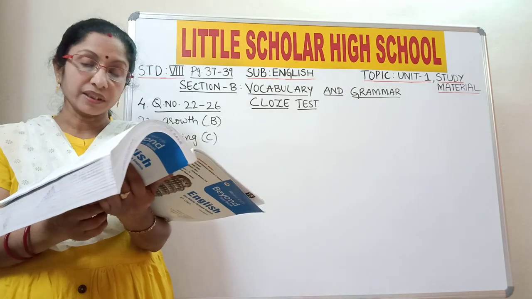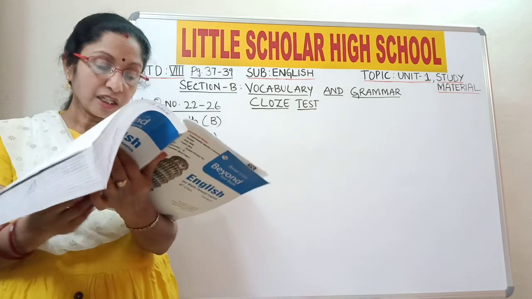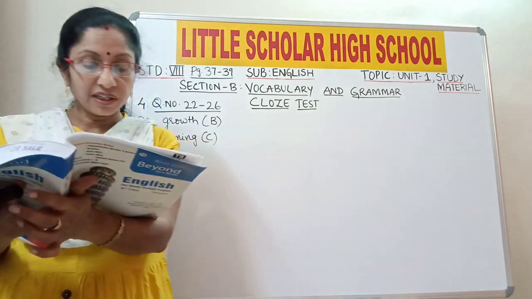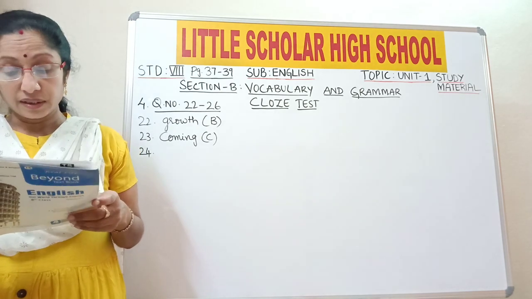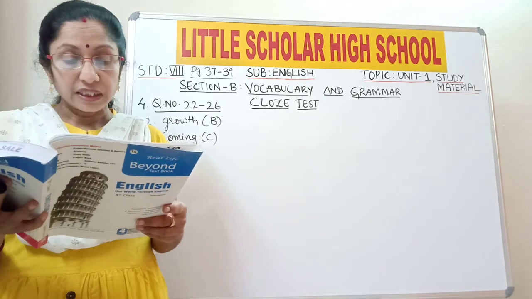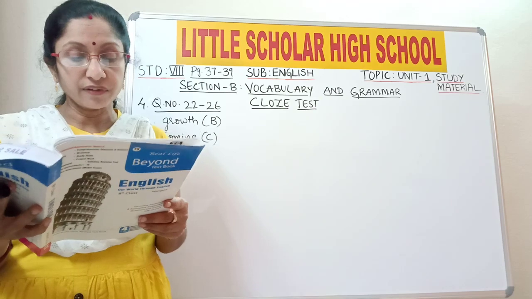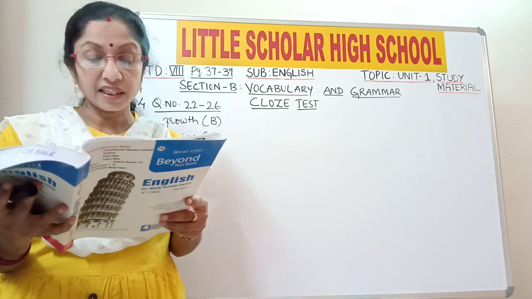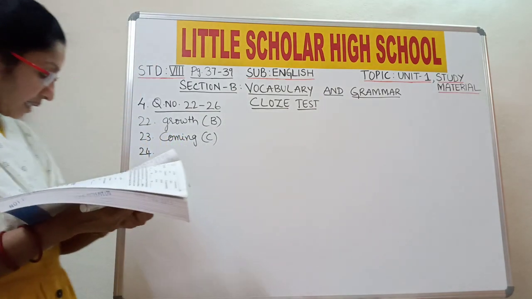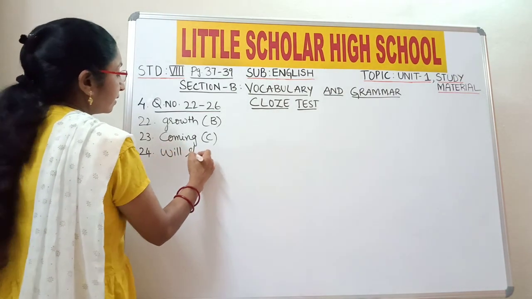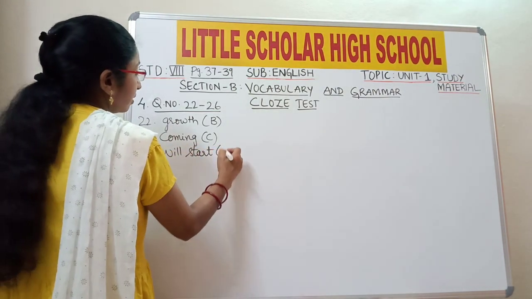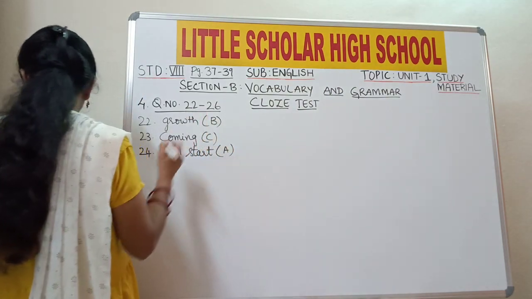Has started is present perfect, had started is past perfect, will start is future, will be started is future continuous. So the answer should be: in a few days the ferns will start turning yellow. Option A is the answer.